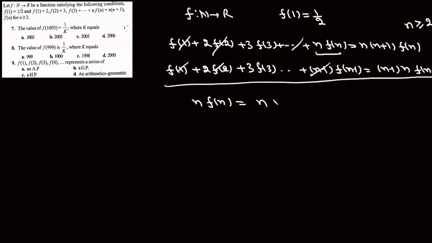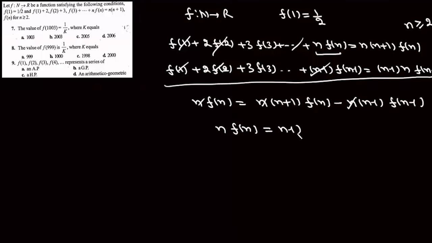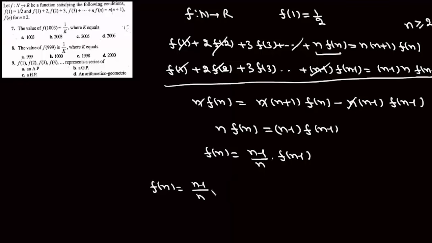And on the right hand side, we'll have (n plus 1) f(n) minus n f(n-1). This n will cancel. So if we rearrange, we can write n f(n) will be equal to (n minus 1) f(n-1). So we can simply write f(n) as (n minus 1)/n f(n-1). Now we can use iterations. So we can write f(n) as n minus 1.